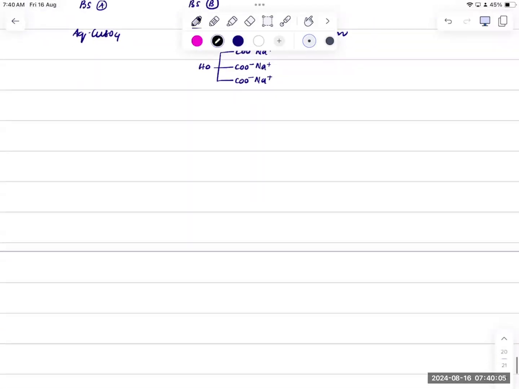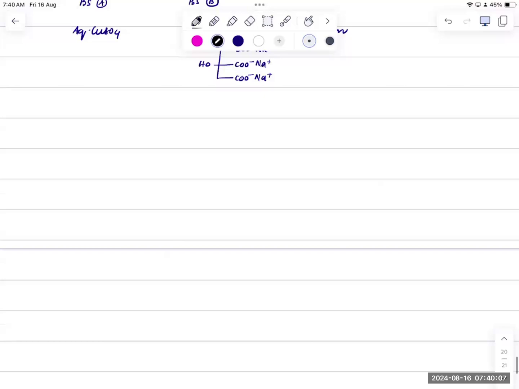Check. Okay. So it's a little complex, so that's why I was searching for it exactly how it is.